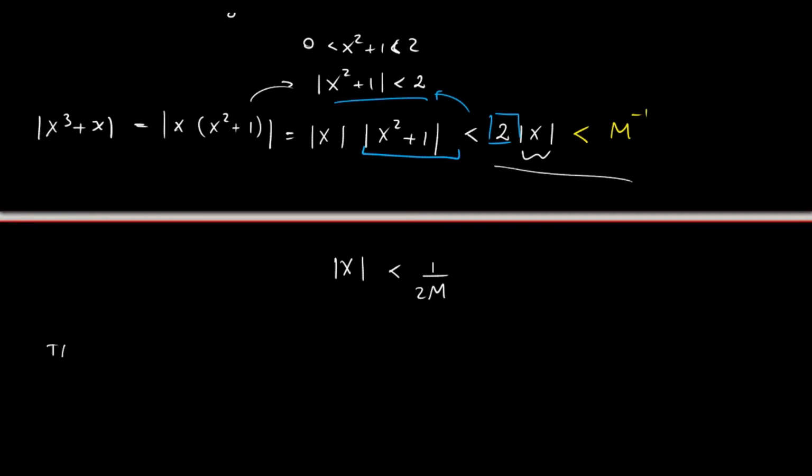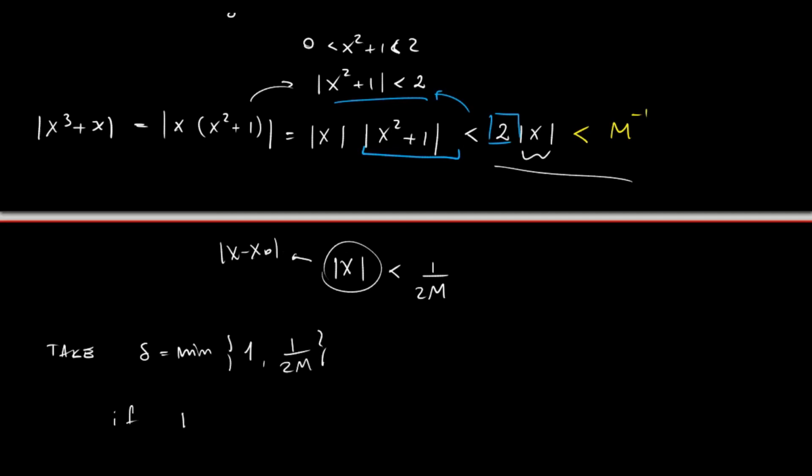So what we're going to do is take delta equal to the minimum value. Notice that this x is actually x minus x0 because x0 was 0. So we take delta equal to the minimum between 1 and 1 over 2m.